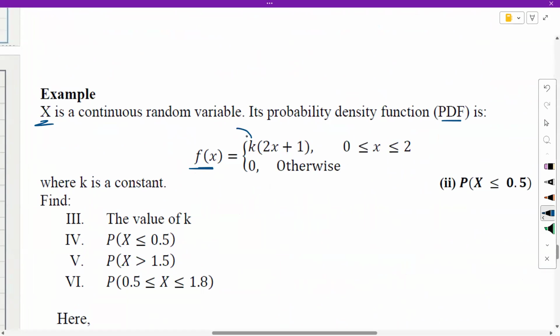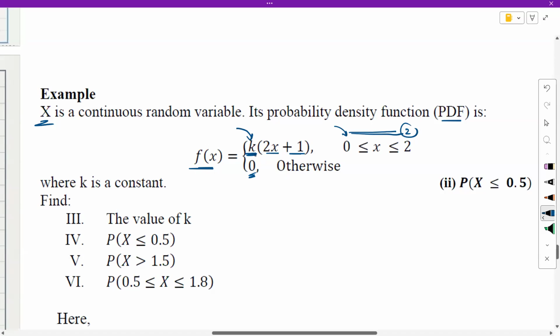The constant k is given, but its value is not given. The function is k times (2x plus 1), but x ranges only from 0 to 2. If x takes any value outside this range, the probability will be 0.